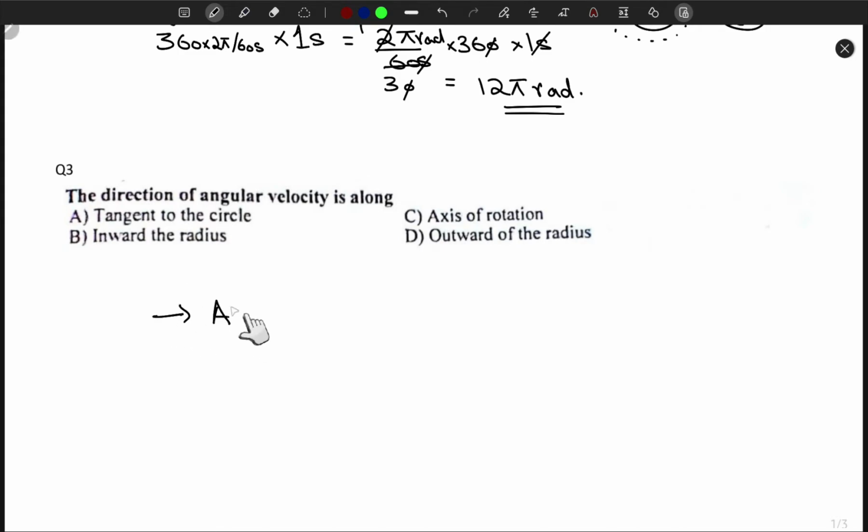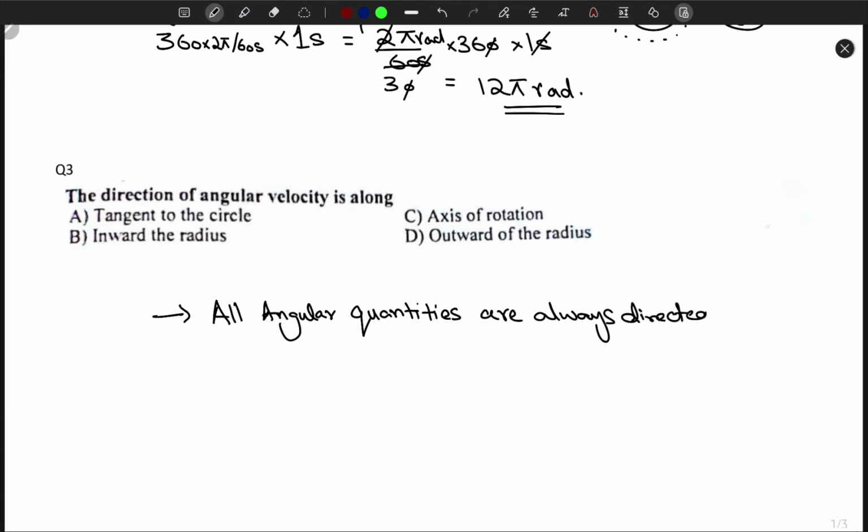recall that all angular physical quantities, right? All angular quantities, where are they directed along? They are always directed along the axis of rotation, right?